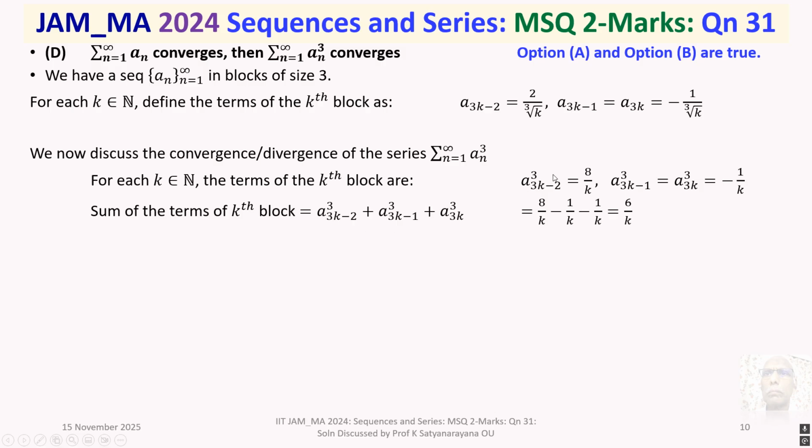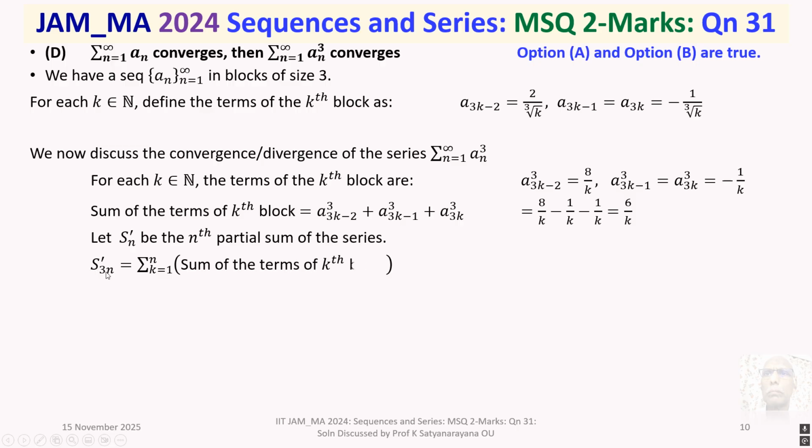The sum of the kth block is 8 by k minus 1 by k minus 1 by k, that is 6 by k. So let Sn prime be the nth partial sum of this series sigma n equals 1 to infinity a_n cubed. That is S_{3n} prime, the sum over k equals 1 to n of the sum of the terms in the kth block.